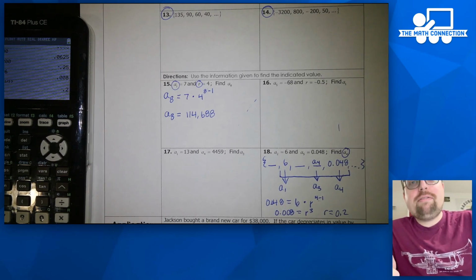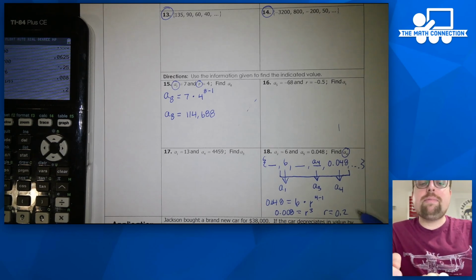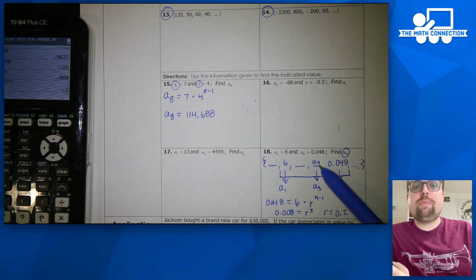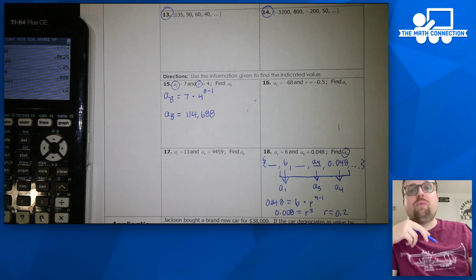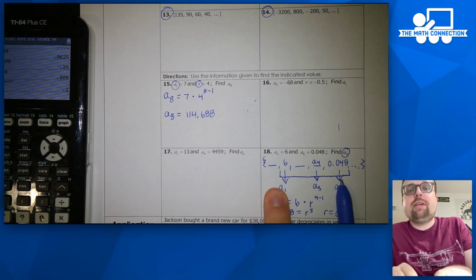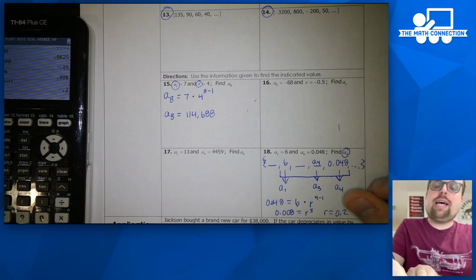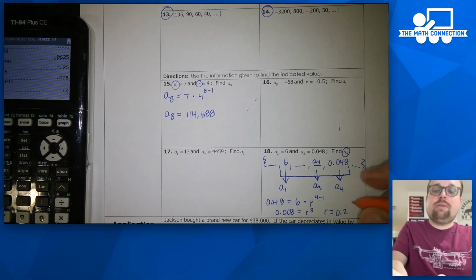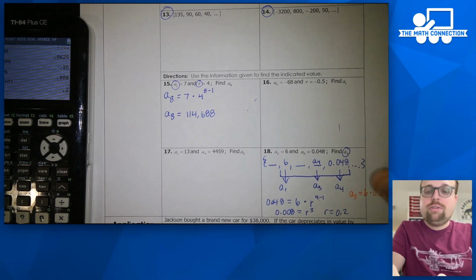So knowing that information, we can now make a rule for this sequence to find the third term, which is actually going to be the fourth term from our original sequence. Remember, we shifted everything over and just looked at one little part. So the r is 0.2. That means to find the third term, we need to take the first term times 0.2, which is r, to the power of 3 minus 1.